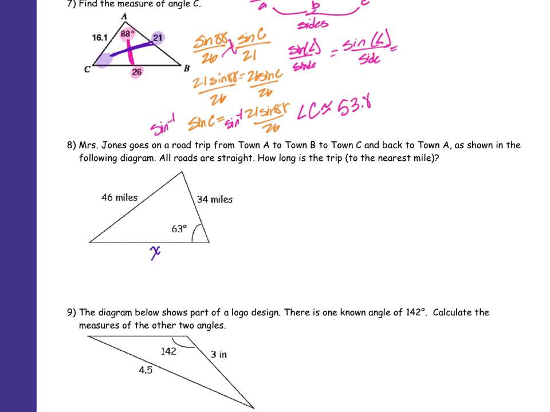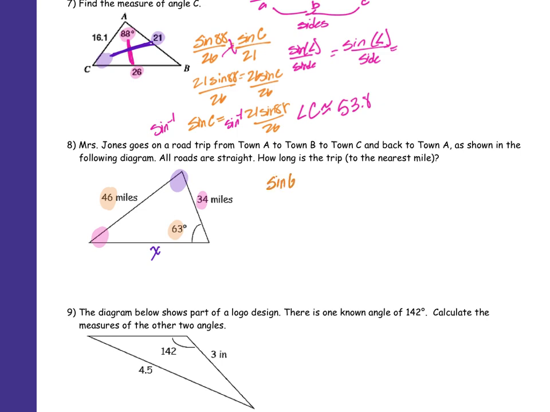But in order to find that length, I need to find this angle. And in order to find that angle, I need to find this angle, because this is the only side they've given me, other than these two, which go together. Okay, so I have to do a little bit of math here. So I have my angle, which goes with the sine.